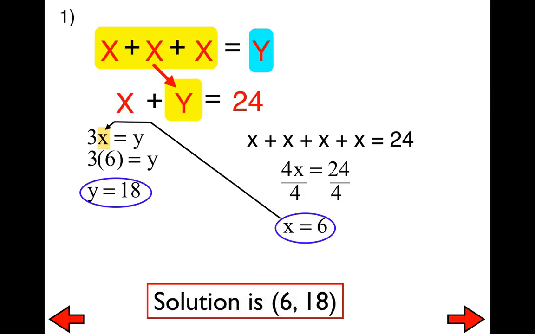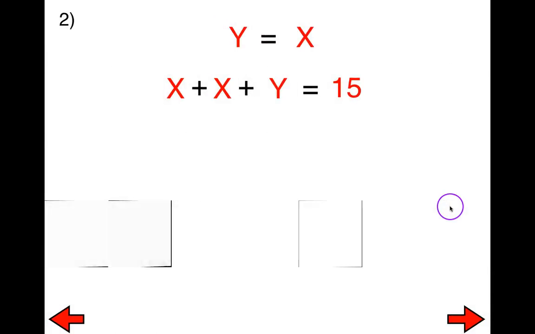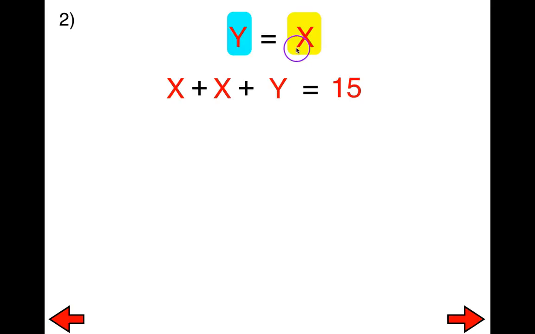Okay, so now let's take a look at one more example. Here, for problem number 2, y equals x. So, what does that mean? Well, there's 2 ways you can do this. I'm going to go ahead and understand that y equals x.